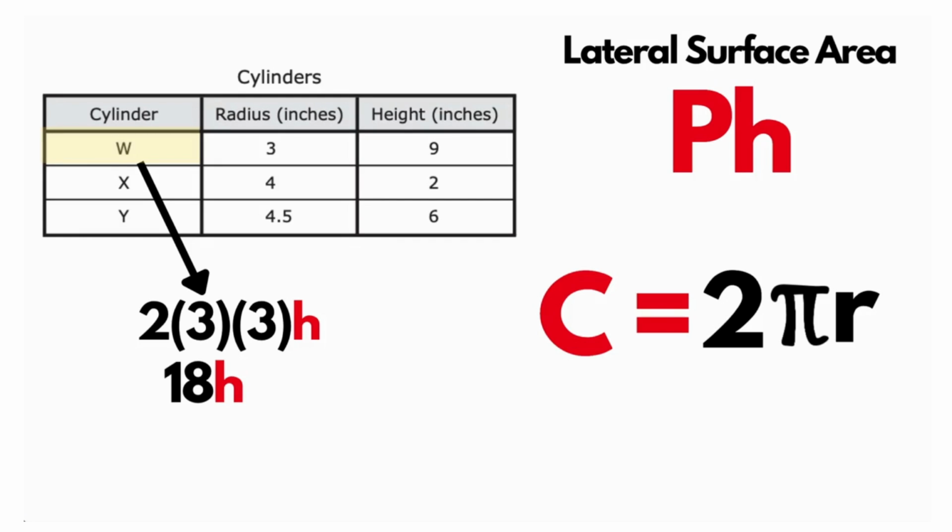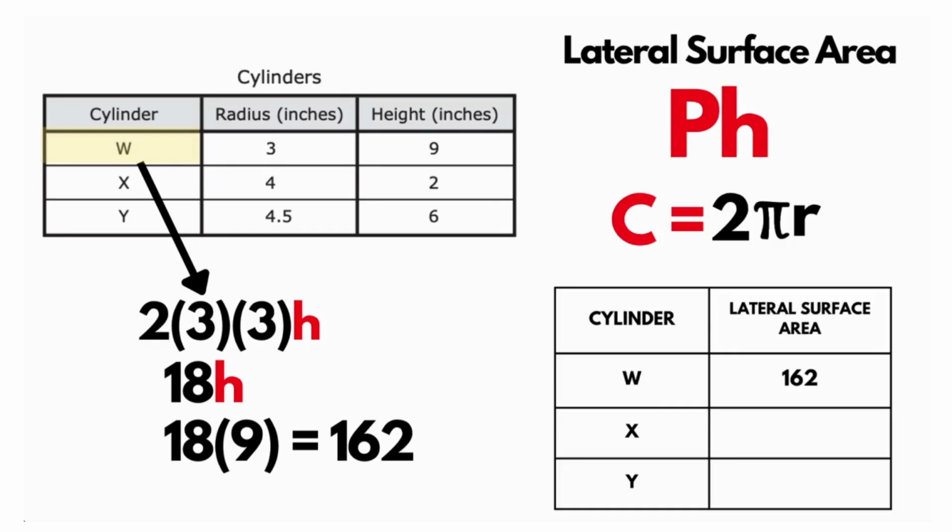And h is the height of the cylinder. So we know that height, according to our table, is 9. So we do 18 times 9, we get 162. So we're just going to go ahead and put these in a table so we have them for future reference.